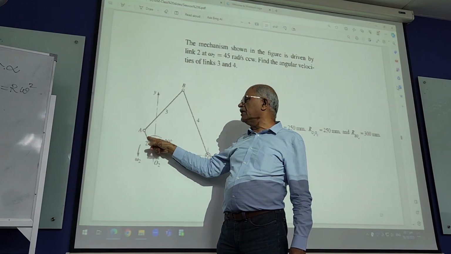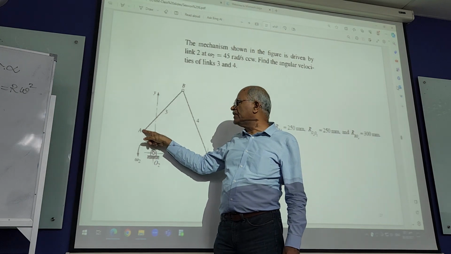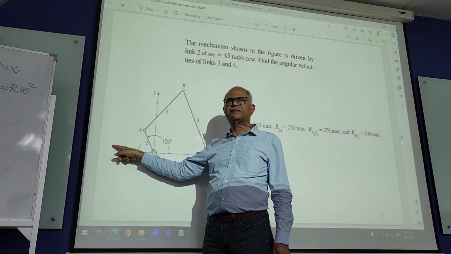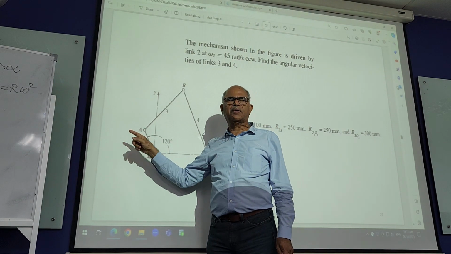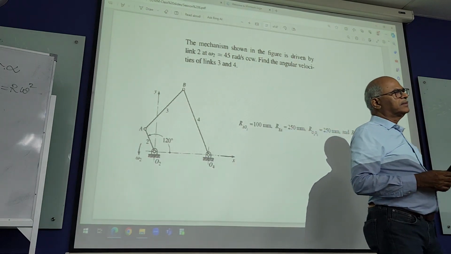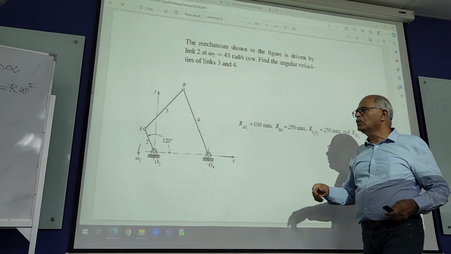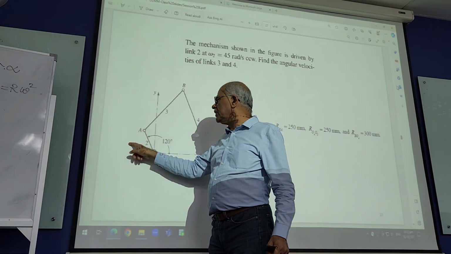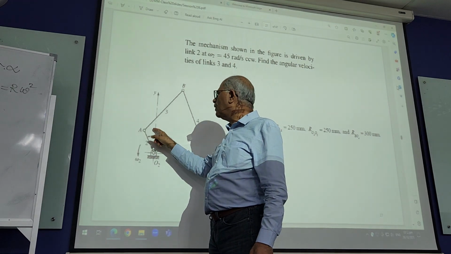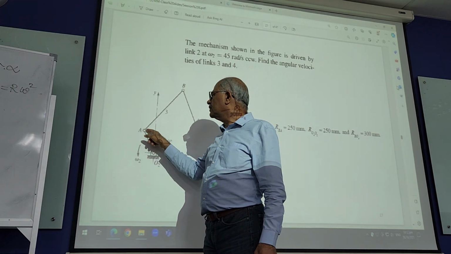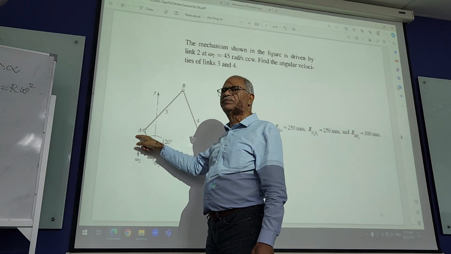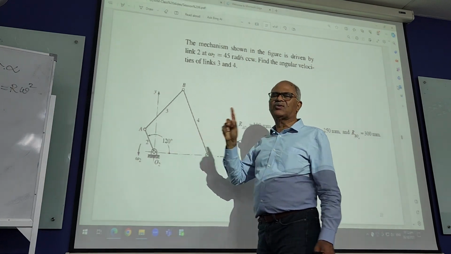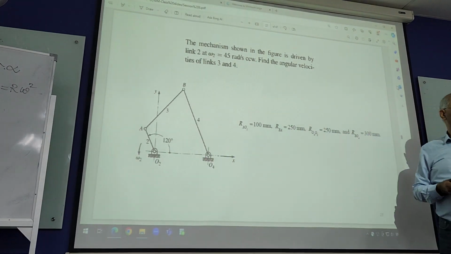So this is already given as 120. So what will be this angle? 60? No. This angle means you need a local coordinate axis, then measure this. So that will be 120 plus 90, 210.